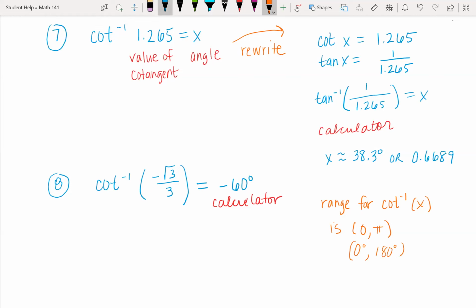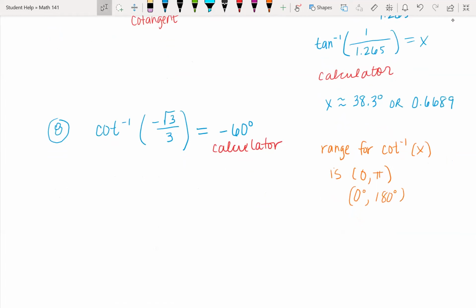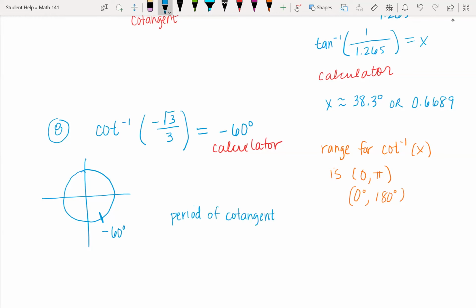So what we do is a little bit of analysis. We think about the fact that negative 60 degrees is about here. And for cotangent, the other place that will show up, remember that the period, we know this from our graphing, of cotangent is pi.